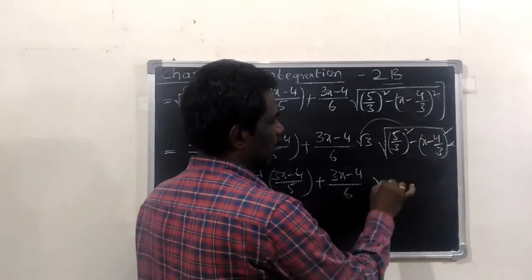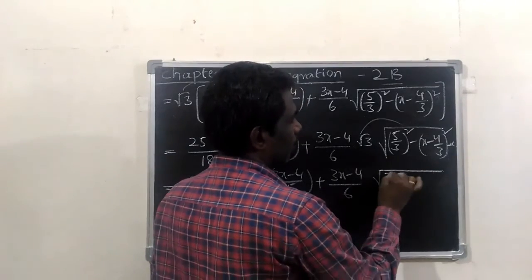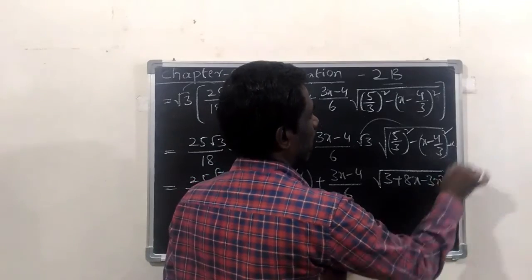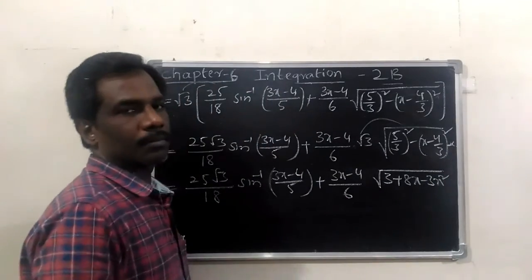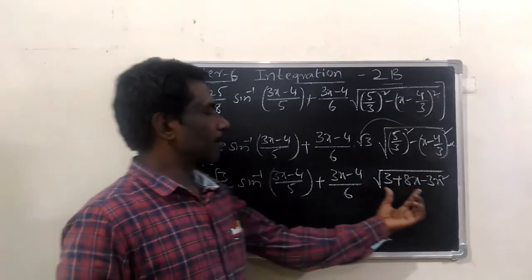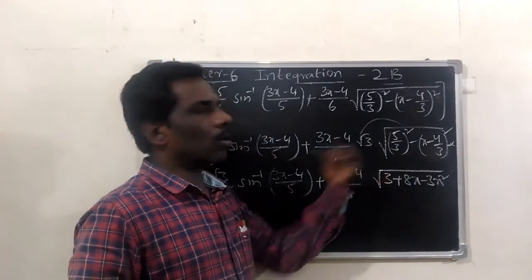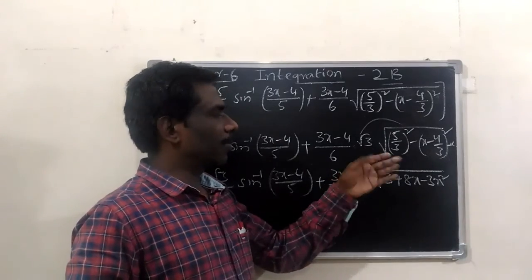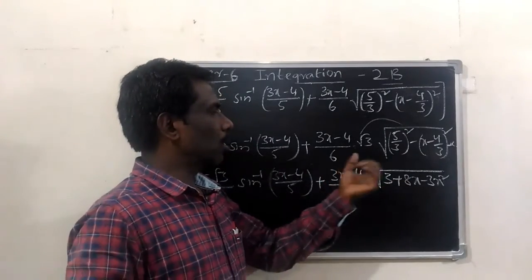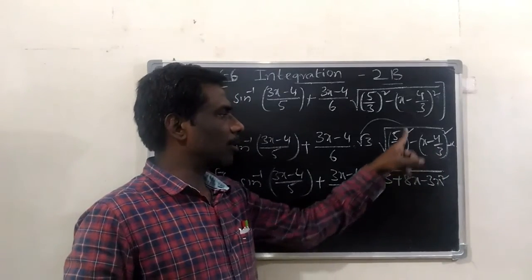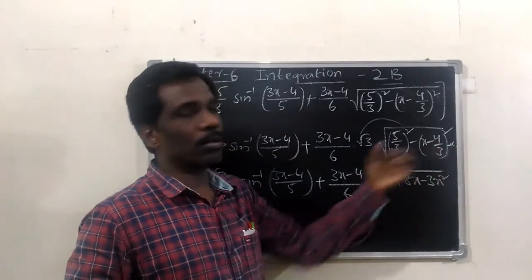What is the quadratic equation? Under root of 3 plus 8x minus 3x square, because from this only we are getting root 3 as common. Root 3 we have taken common and out, that's why we are getting inside the bracket the value 5 by 3 whole square minus x minus 4 by 3 whole square.